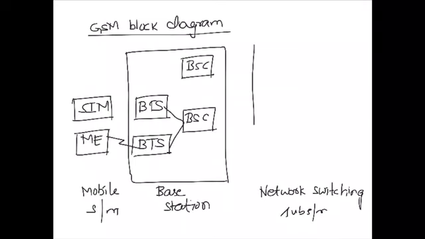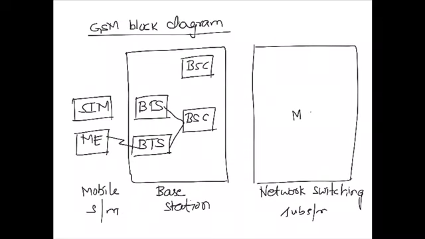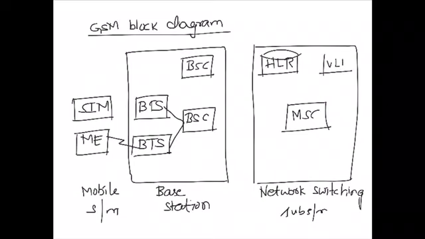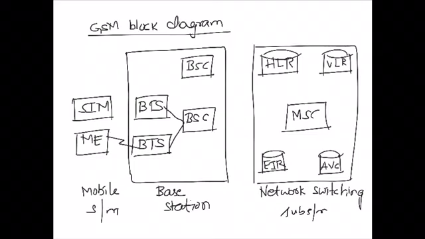Okay, in this now let us see what are the blocks that are present. Here we have mobile station, mobile service switching center, MSC, as my main block. With this we have HLR, with this we have VLR, with this we have EIR, with this we have AUC.